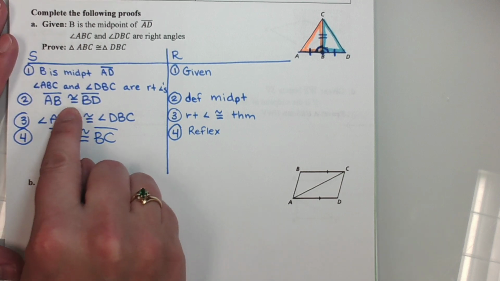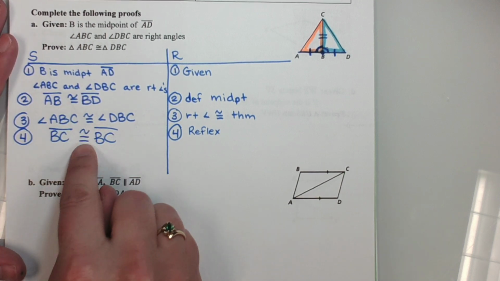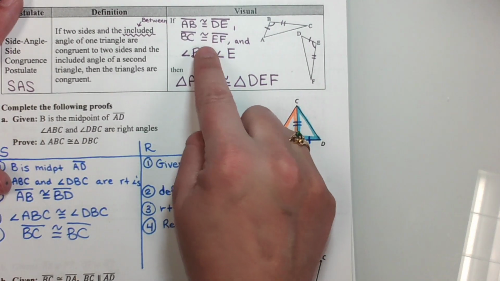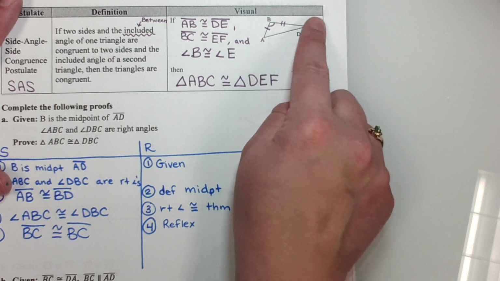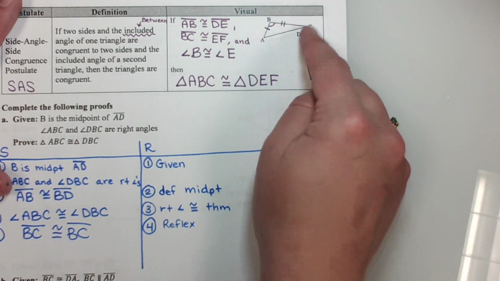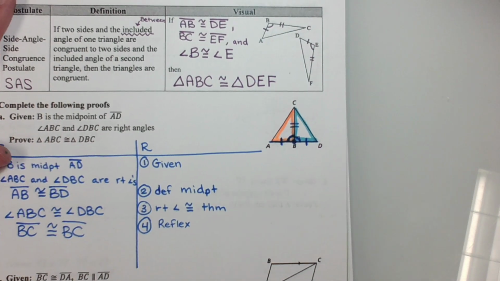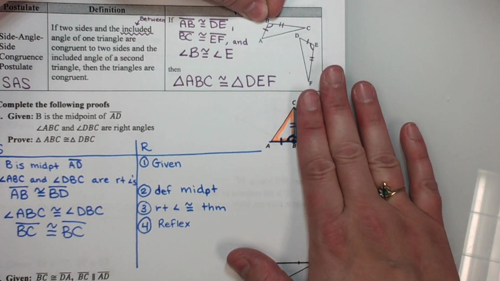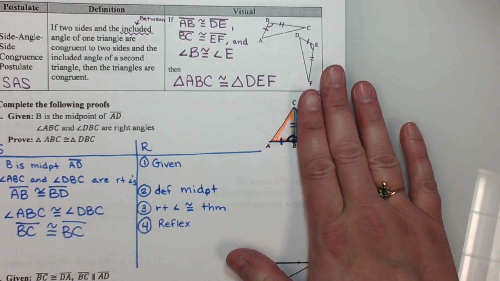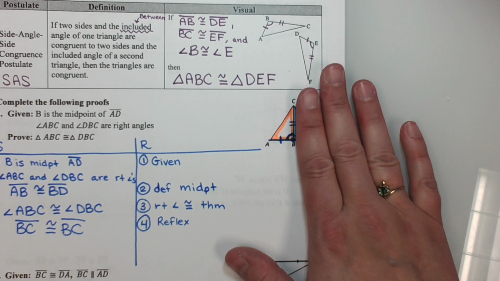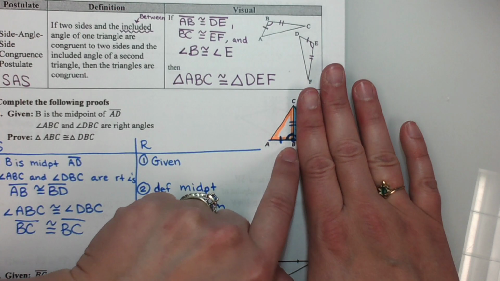I now notice that I have 3 congruent symbols within my proof. Once you notice you have 3 congruent symbols in your proof, you start looking at a single triangle in your picture and see if it matches up with a single triangle here. This postulate requires 2 sides and the angle between, having congruent marks. This triangle has 2 sides and the angle between.